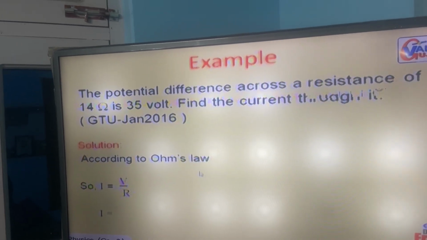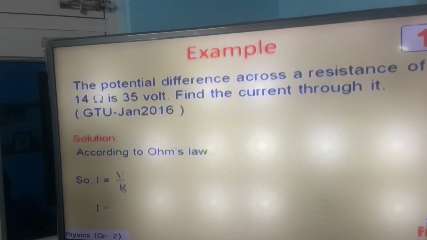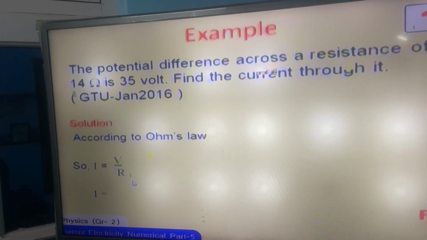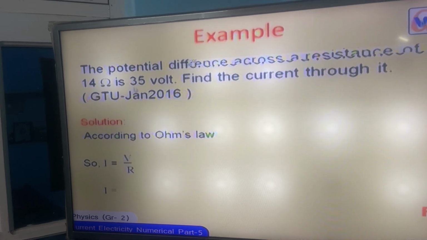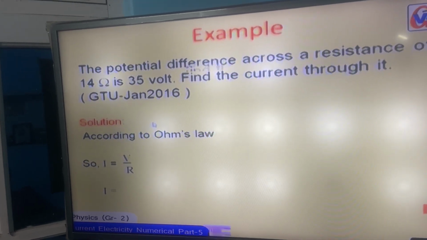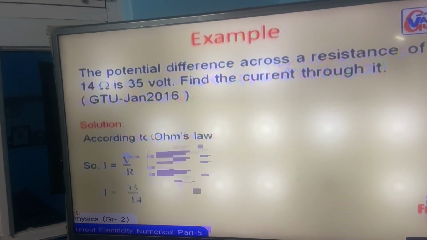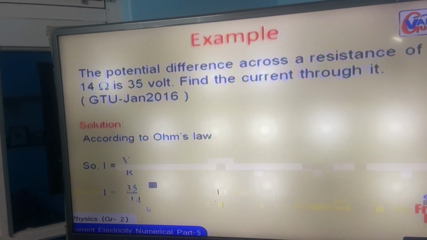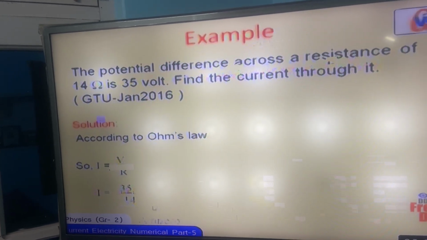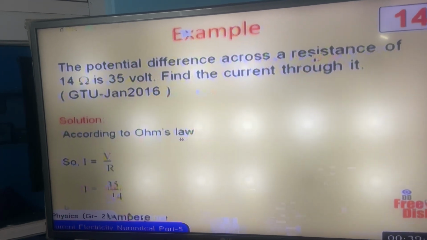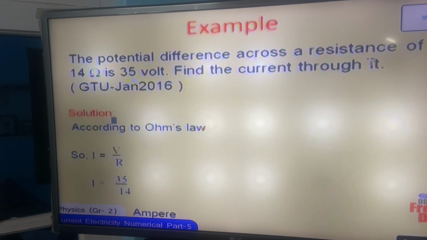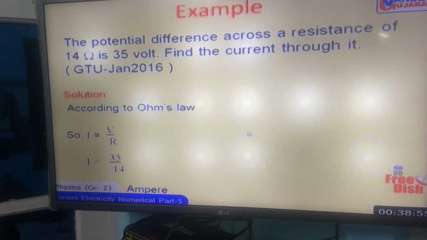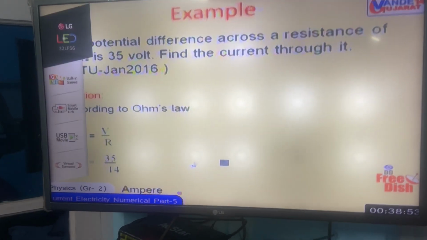Naturally, we will use Ohm's law. So I is equal to V upon R. Substituting these values of V and R in this example, I get 35 upon 14. That gives me, after simplification, I is equal to 2.5 ampere. So this is the easiest way to calculate an example.